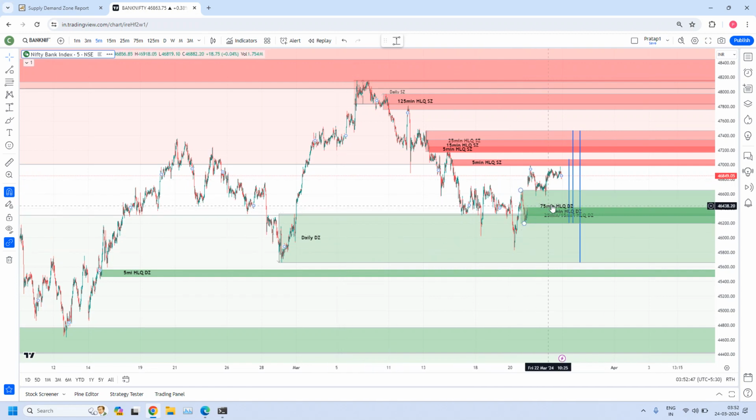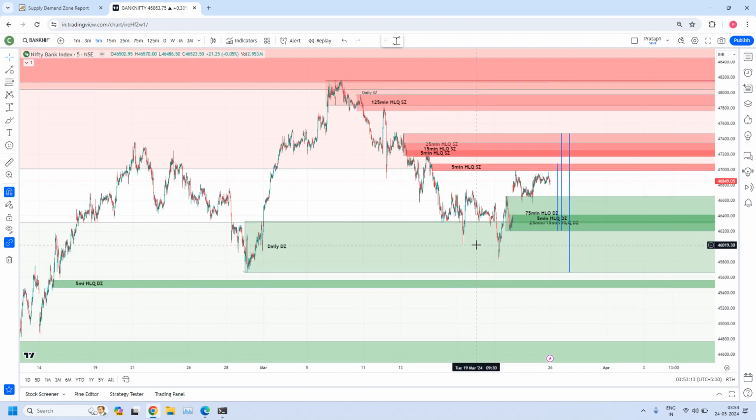Based on Tuesday's price action, I will explain what the Wednesday ranges could be. Next week we will be generating only 5 minutes and 15 minutes maximum, unless major changes happen on other time frames. Mostly prices will be moving within these ranges only.